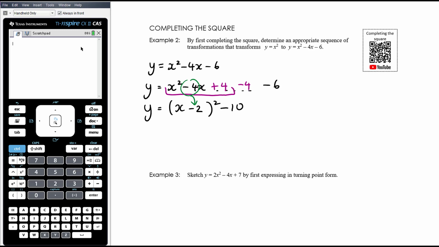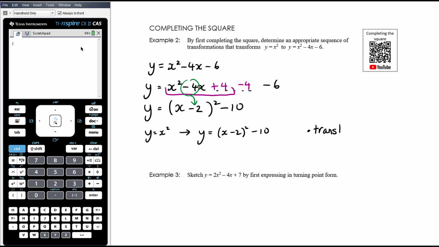So we're looking at how do we get from y equals x squared, the basic parabola, to y equals (x minus 2) all squared minus 10. When you're listing transformations, we'll talk more about transformations down the track, you always need to use the word translation or dilation or reflection.